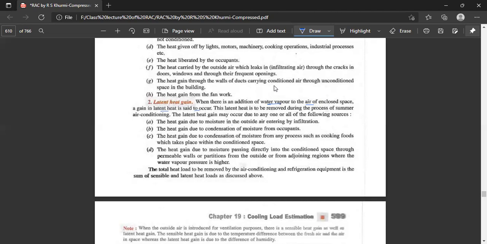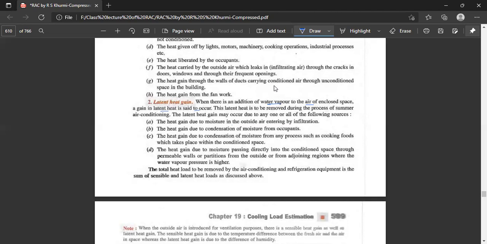The heat gain due to moisture passing directly into the conditioned space through the permeable walls or partitions from the outside or from adjoining regions where the water vapor pressure is higher.